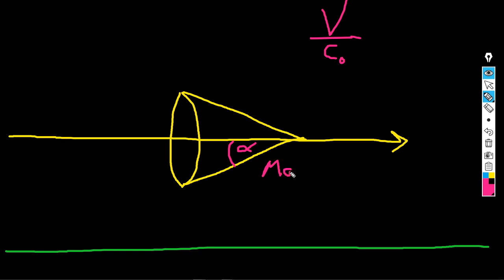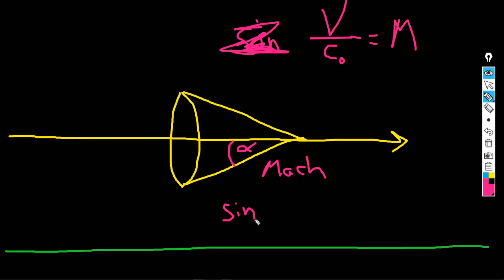The Mach angle in degrees is easily determined by taking the inverse sine of the ratio. Actually, let's make it easier: if the Mach number M is equal to the ratio of the bullet speed over the speed of sound, then the angle is given by the inverse sine of 1 over M. Now, you don't really need to know these formulas because I'm going to just tell you.